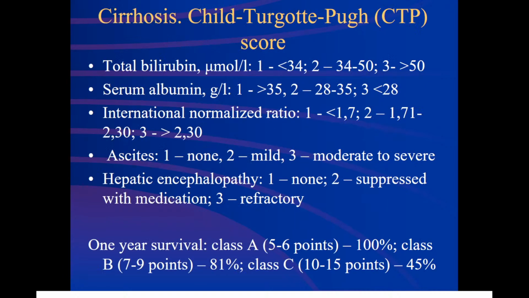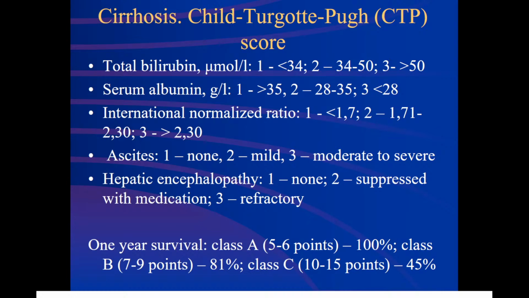That's why general practitioners have to know different clinical scores for assessment of severity of liver cirrhosis, to send patients for liver transplantation in time.